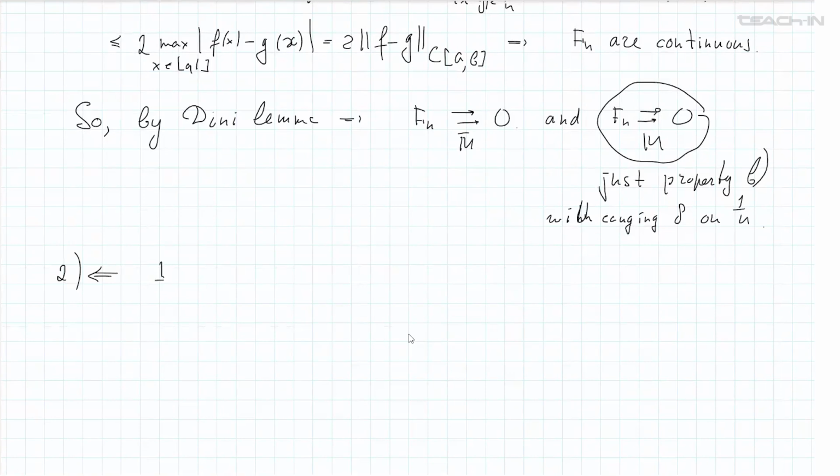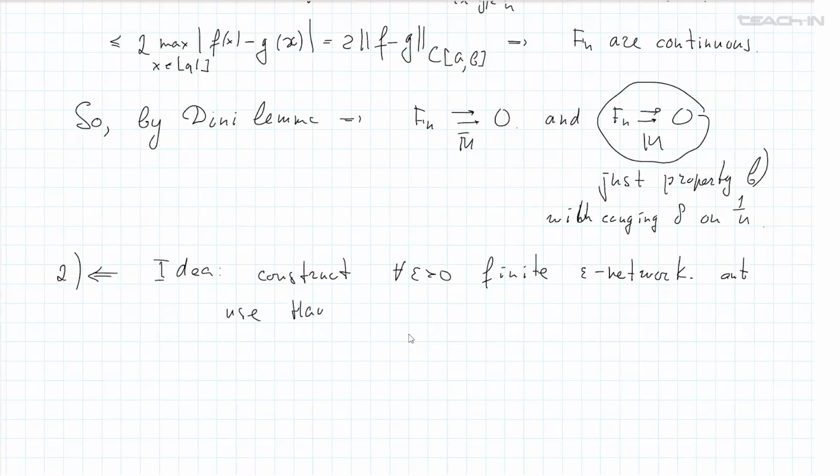Again, the idea: construct, for any positive epsilon, a finite epsilon network, and then use the Hausdorff criterion. Okay.